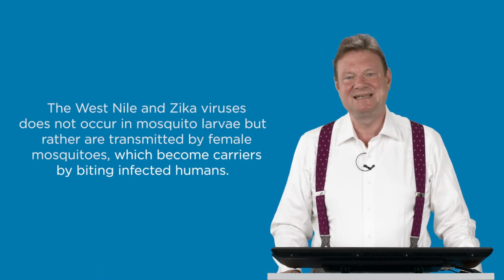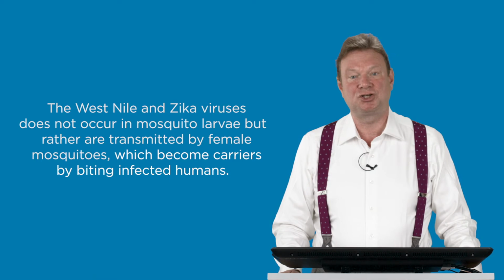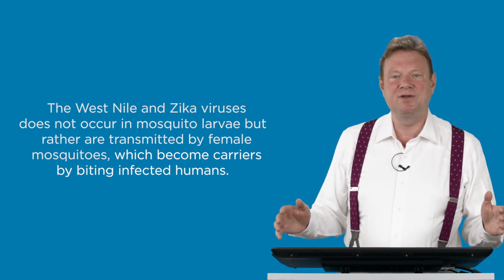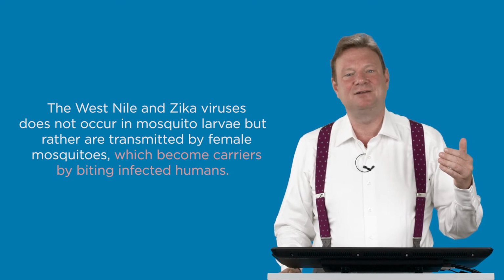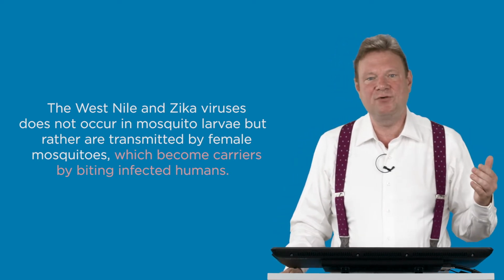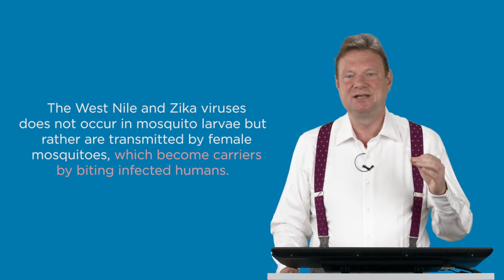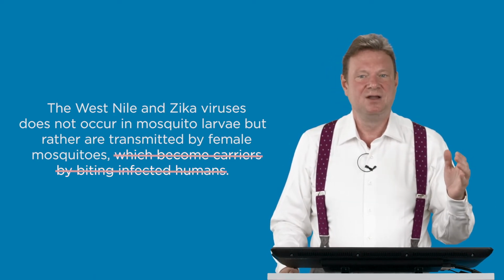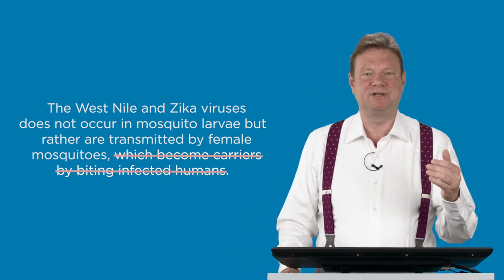For this sentence, there is only one comma left between "mosquitoes" and "which." This comma sets off the modifying phrase, "which become carriers by biting infected humans." This extra information is not needed to understand the first part of the sentence, so we can remove it. We will revisit it later when we explore decision points.